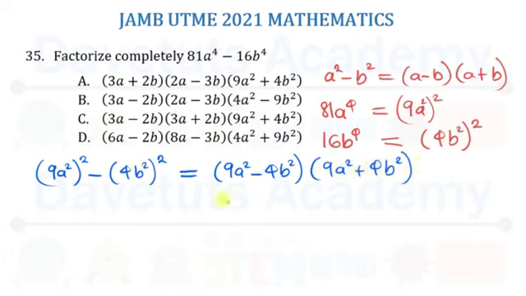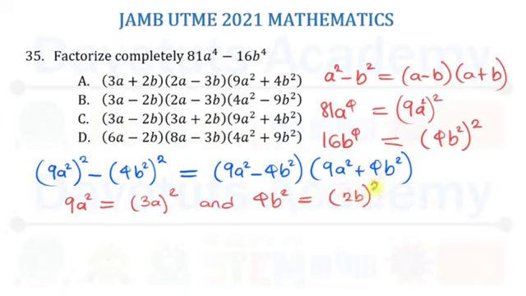That's interesting. This is a good question. Again, 9a squared itself, I can write as 3a raised to power 2, because 3 raised to power 2 is 9. And 4b squared, I can also write as 2b raised to power 2. So the first bracket can also be expressed as a difference of two squares.